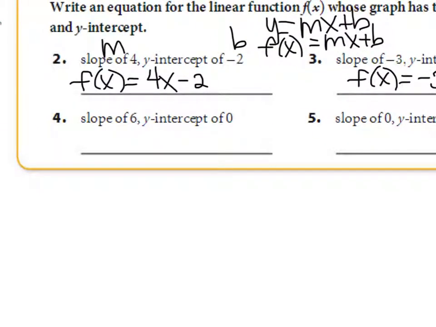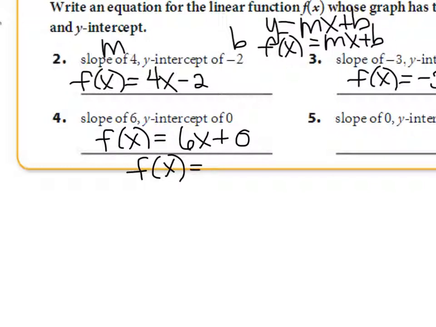For number 4, you technically could have it written as f of x equals 6x plus 0, but that plus 0 does us no good, so the preferred answer would be simply f of x equals 6x, since adding 0 to an equation doesn't change it.